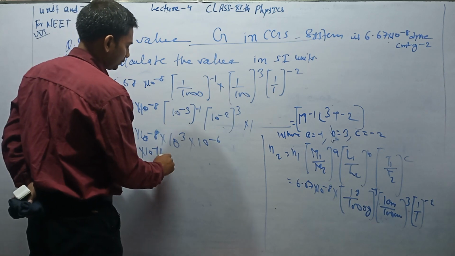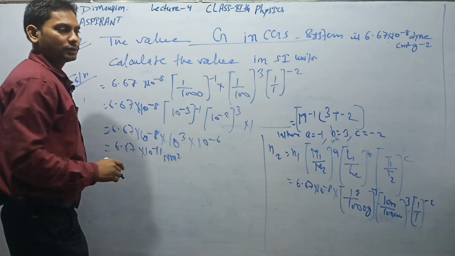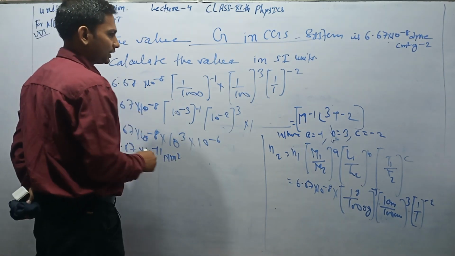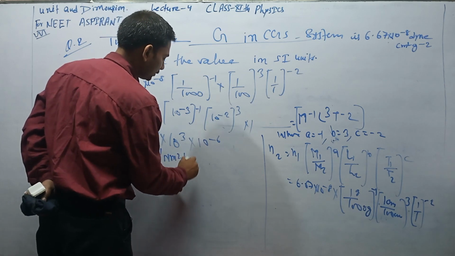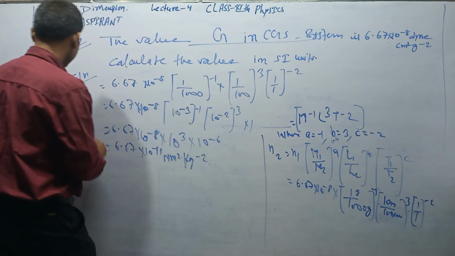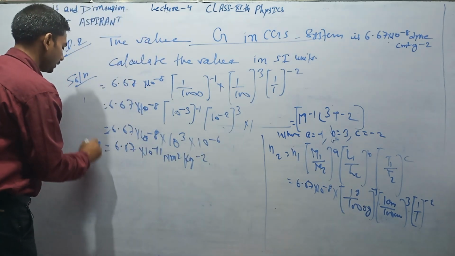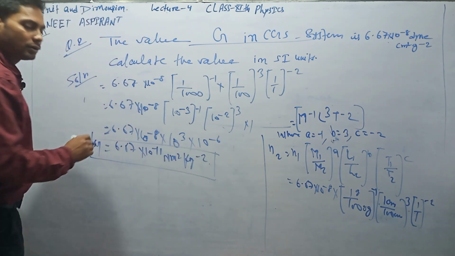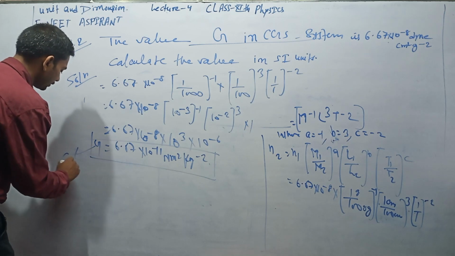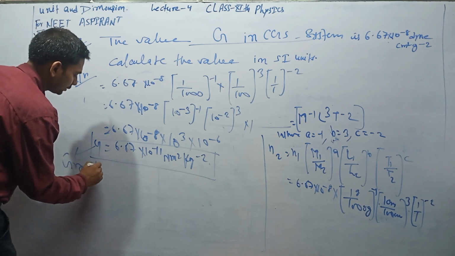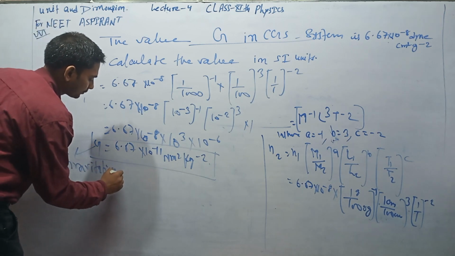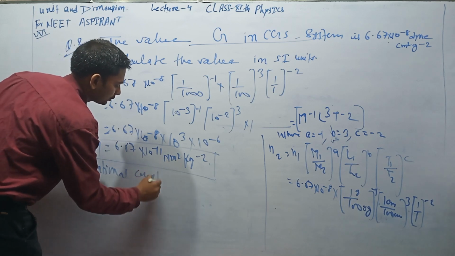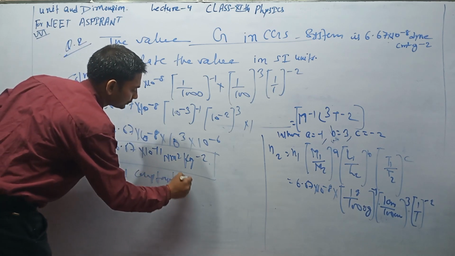Newton meter square kg inverse to the power minus 2. This is called the gravitational constant, the value of the gravitational constant.